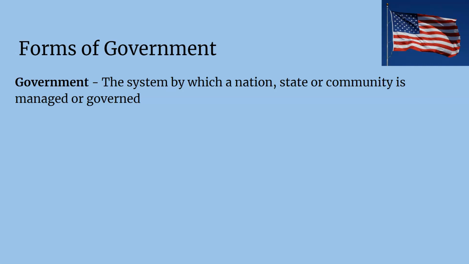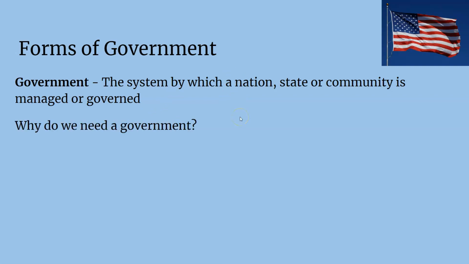It's really just a system that a nation, a state, a community, a city, what have you, uses to manage its citizens. You need some kind of system of organization to control everything and to make society really work.